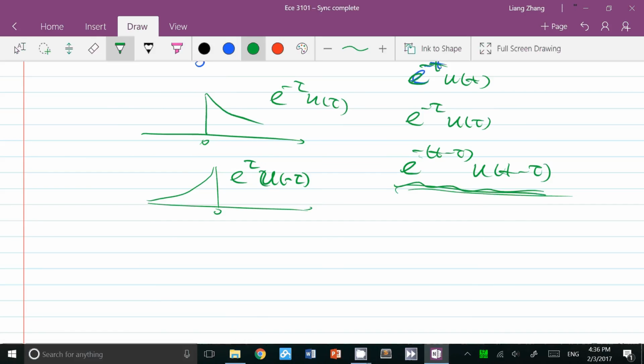I need to have a t there, I need to make negative tau into t minus tau. Meaning I need to make tau into tau minus t.